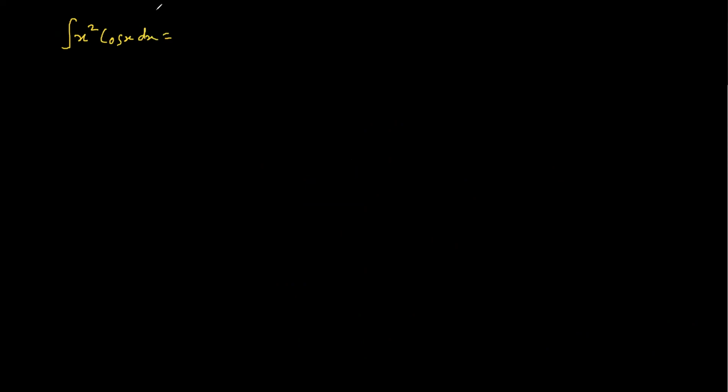So what is u here? According to LIATE, this is A and this is T. So this is u and this is v, right?